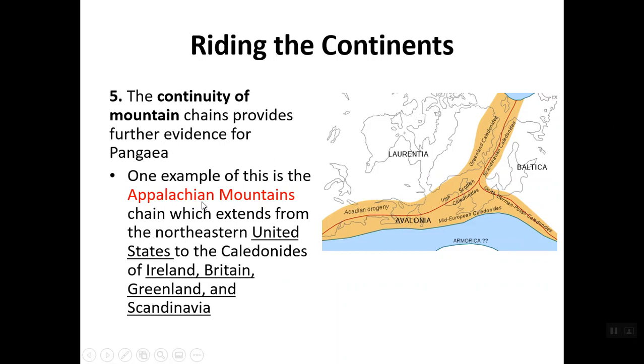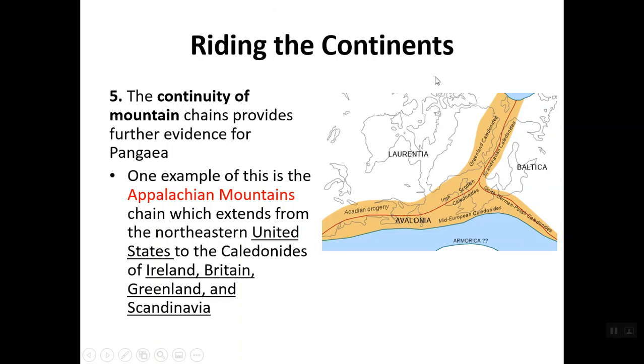One example is the Appalachian Mountains that extend from northeastern US to Ireland, Britain, Greenland, and Scandinavia. So this is very, very strong evidence. It's the exact same mountain formation that nowadays is separated, but of course it was one united formation at the time of existence of Pangaea.